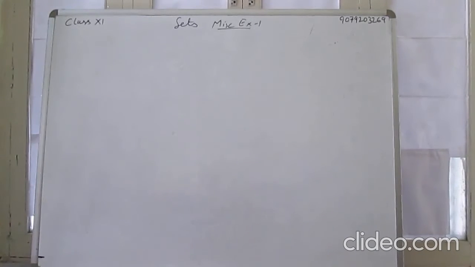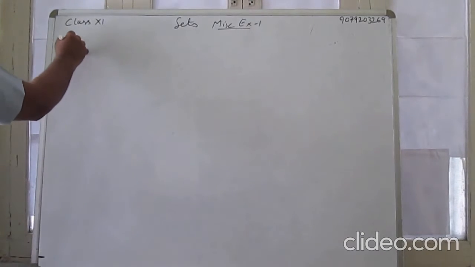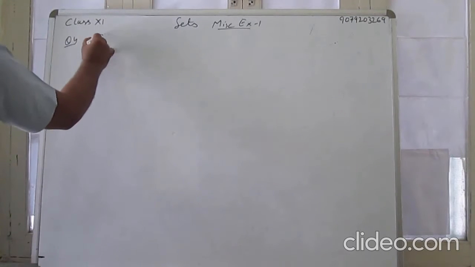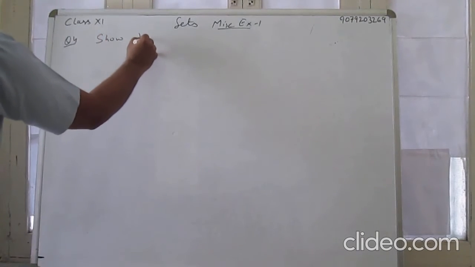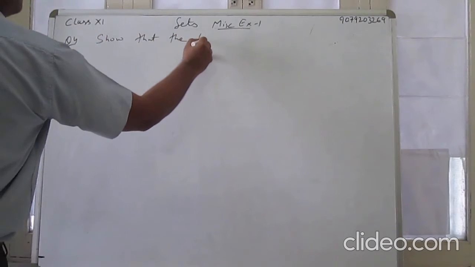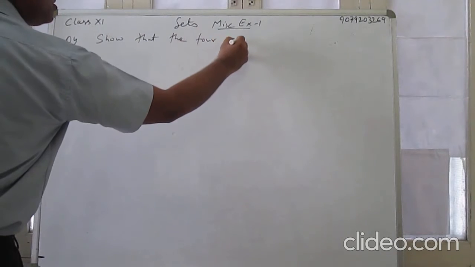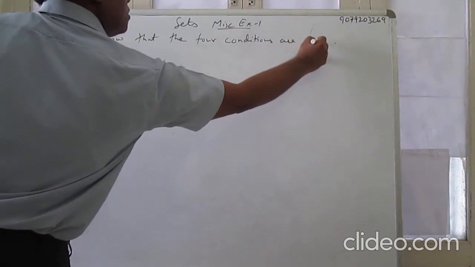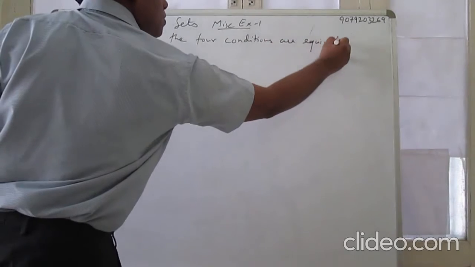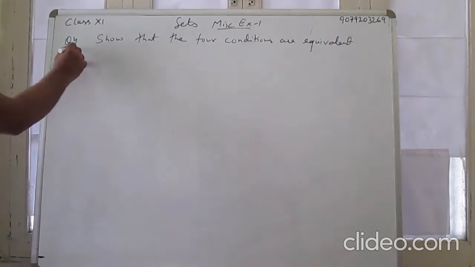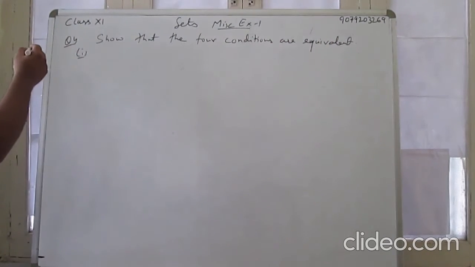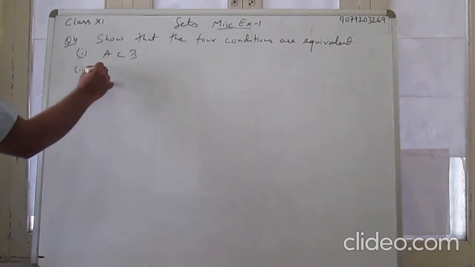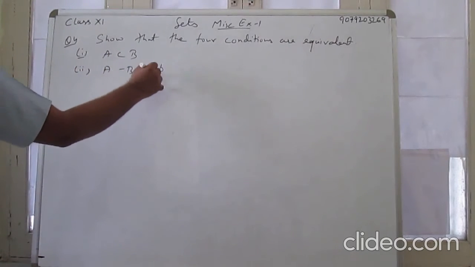Question 4. Show that the four conditions are equivalent. Number 1, A is subset of B. Second, A minus B is equal to the null set.